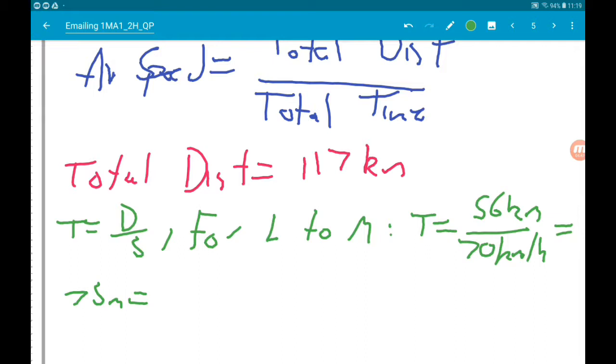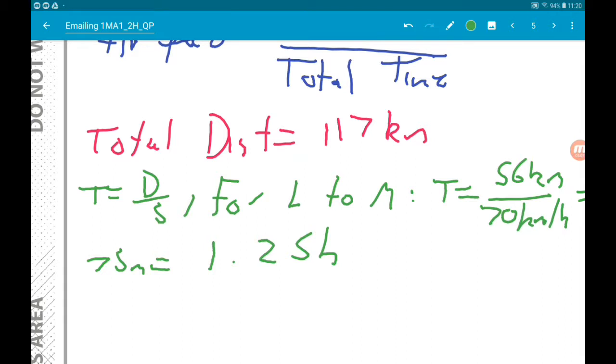So 75 minutes is 1.25 of an hour. So here's total time. Is 1.25 hours add 0.8 hours, which gives us 2.05 hours.